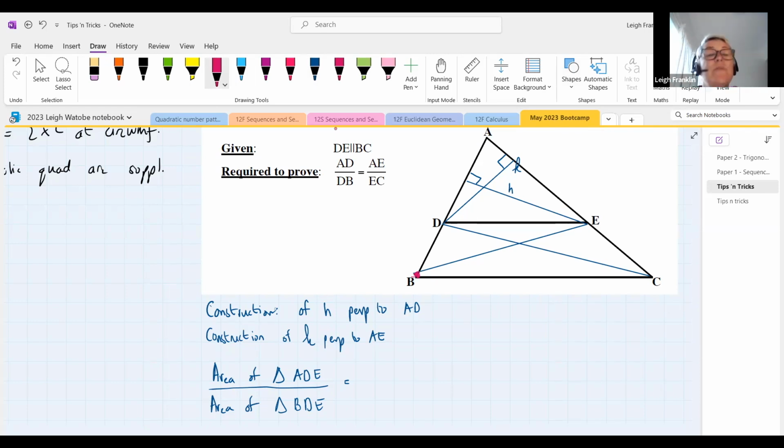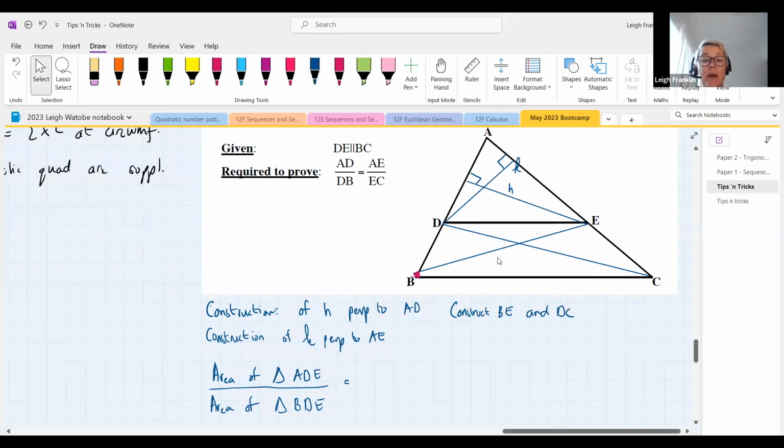So construction of H perpendicular, and then the other thing is we have constructed B, E, and D, C. When we're talking about the area of triangle ADE, it's the triangle at the top. Triangle BDE is this triangle down here at the bottom.